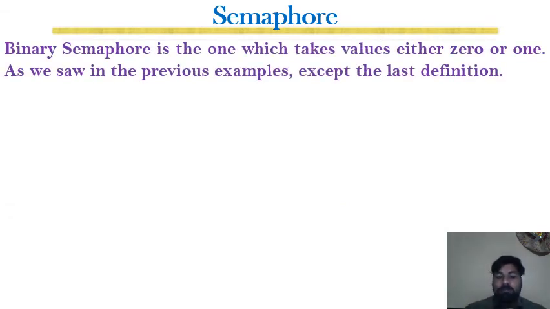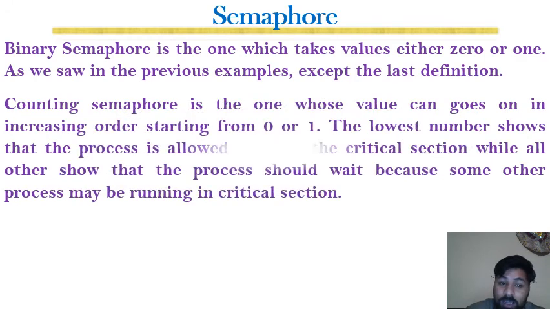Now a binary semaphore is one which takes a value of either 0 or 1, as I've already said, as we saw in the previous example, except the last definition. Counting semaphore is one whose value can go on increasing, starting from 0 or 1 and moving onward.